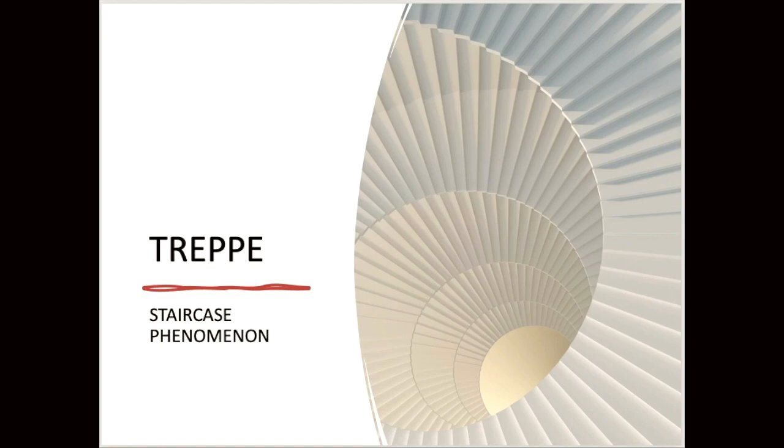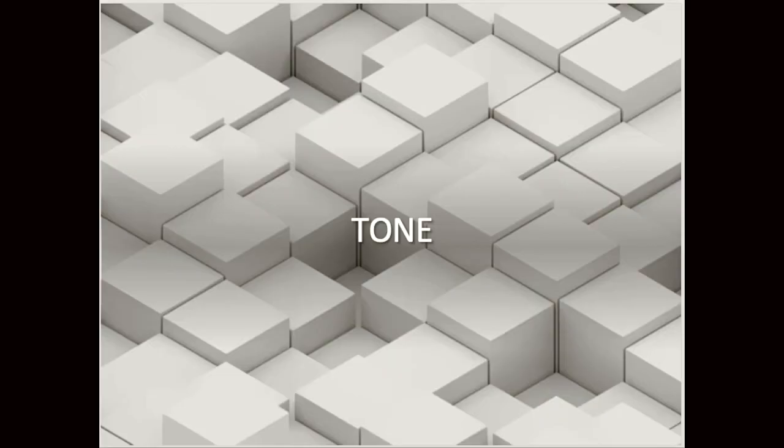Next property is the phenomenon of trap, which is also called the staircase phenomenon. When a quiescent heart is stimulated after prolonged rest, the first few contractions gradually increase in size and then become steady, and this is called the staircase phenomenon or trap.